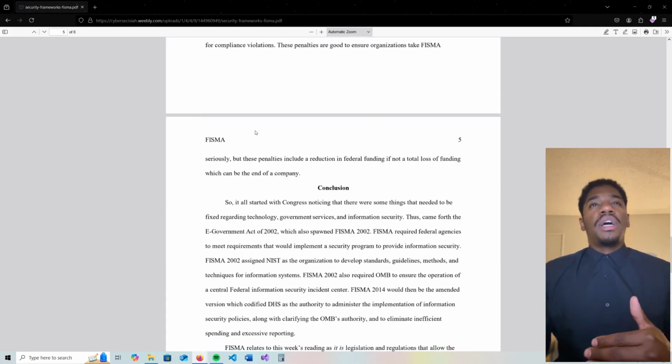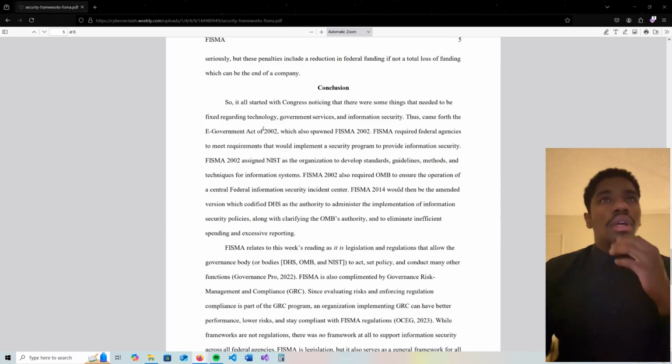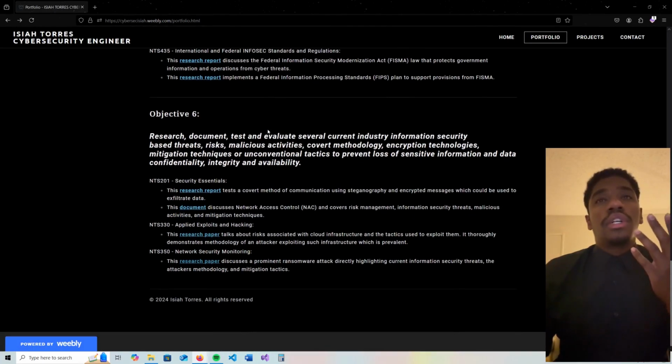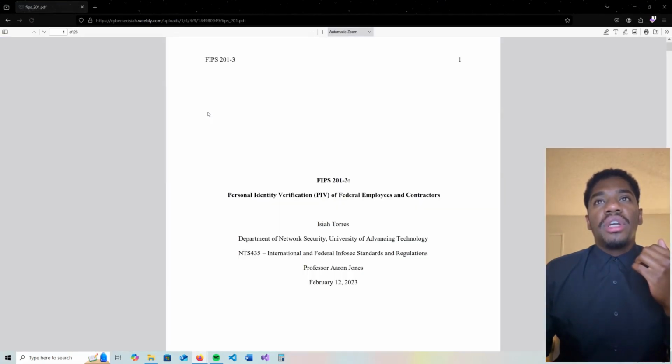This document outlines the governing body, what FISMA is, the history of FISMA, and who else it empowers. Also, I did one on FIPS, which is the Federal Information Processing Standard.